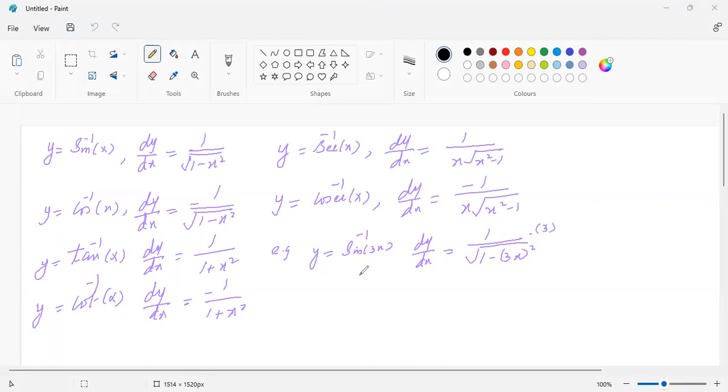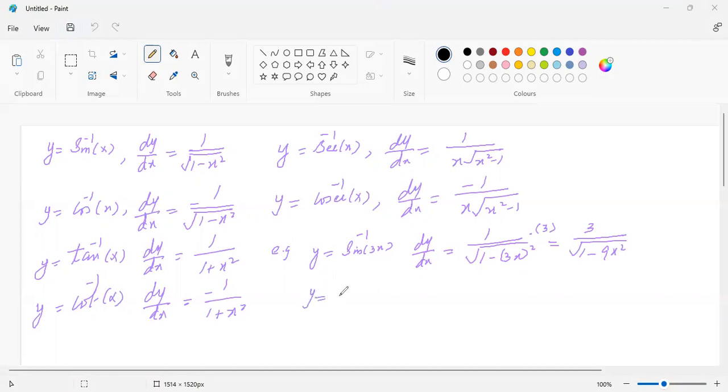So the differentiation of sine inverse, you can further simplify this. It can be written as 1 minus 9x square under the root. That's it. We have this.